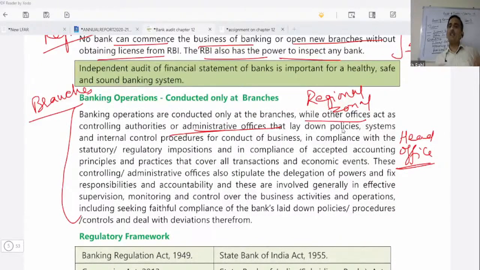When branches are sanctioning loans, the controlling authorities, regional offices, zonal offices, are keeping a watch. They are calling for the reports.